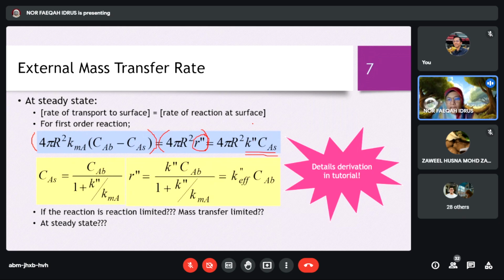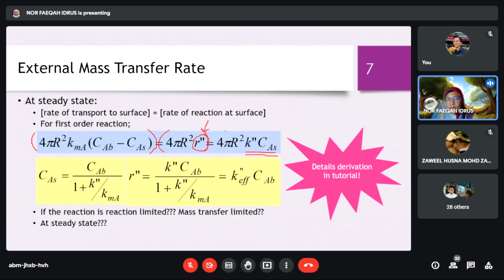This double prime, you have already learned it in reaction engineering 1. This is the rate equation for catalytic reaction. So it has to have a double prime to show that this is the rate constant for catalytic reaction, similar with the symbol of the rate of reaction, with a double prime. This is the rate of reaction for catalytic reaction.